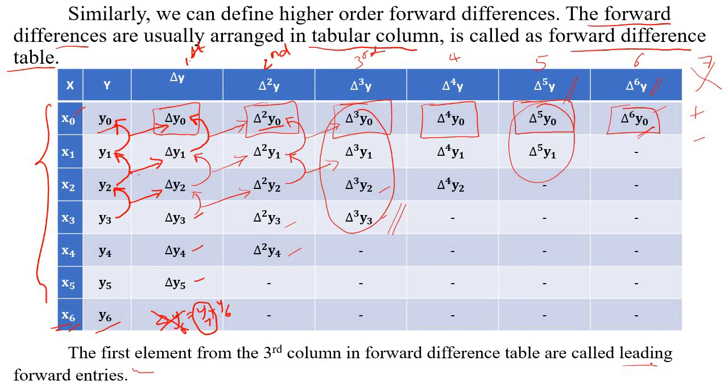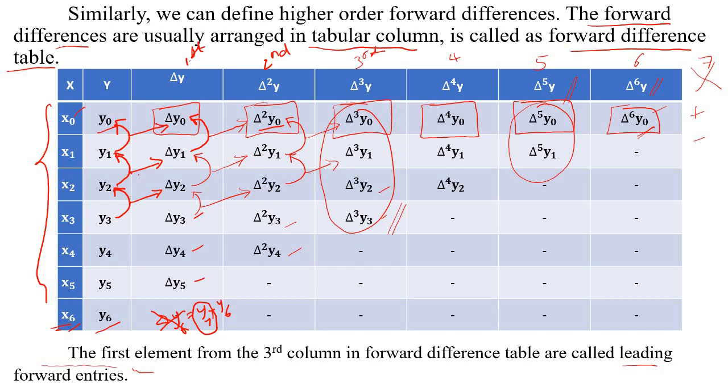These terms are called leading forward entries. I am going to use these leading forward entries in the forward interpolation formula. So this is the basic concept for the forward interpolation and extrapolation formula.